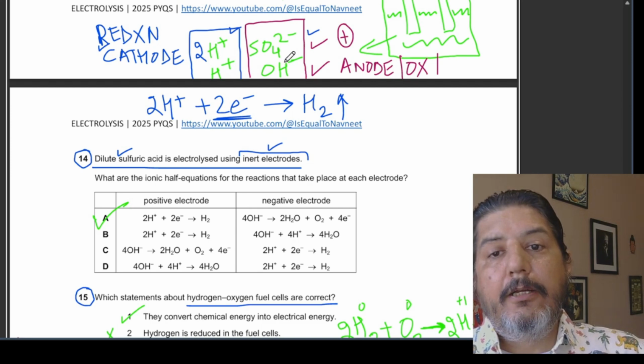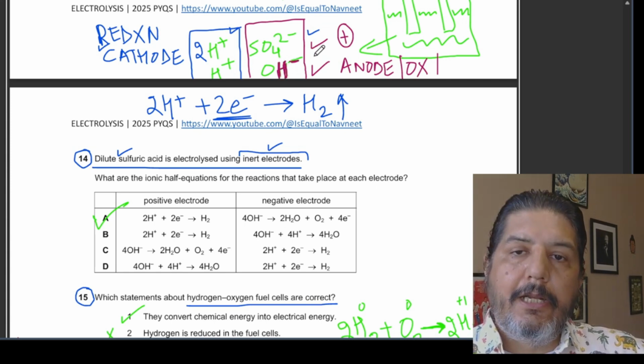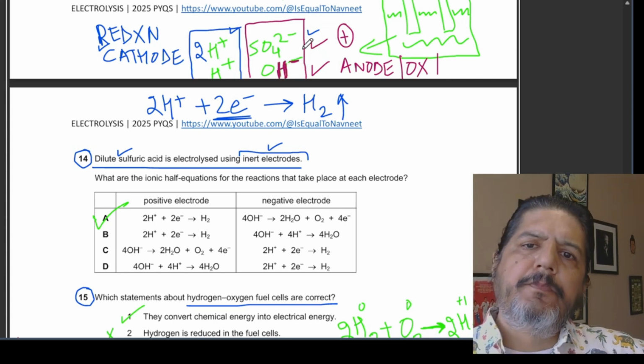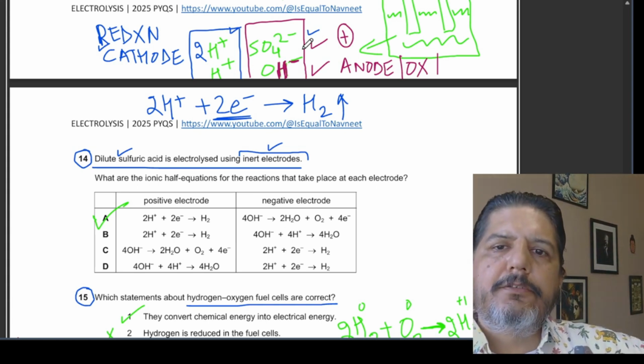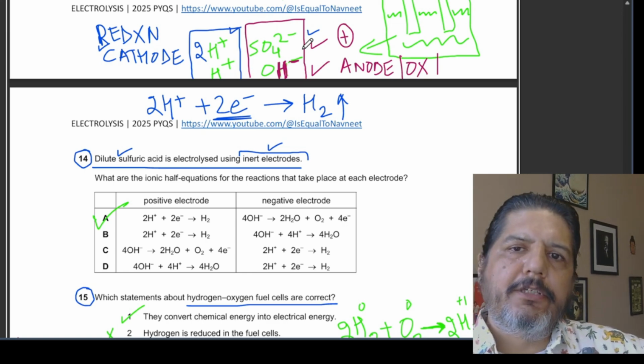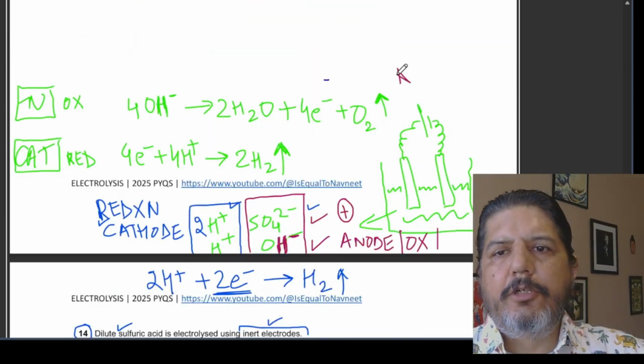So the competition will be between hydroxide and sulfate to lose the electrons. And whenever there is a competition between sulfate and hydroxide, the hydroxide gets discharged.